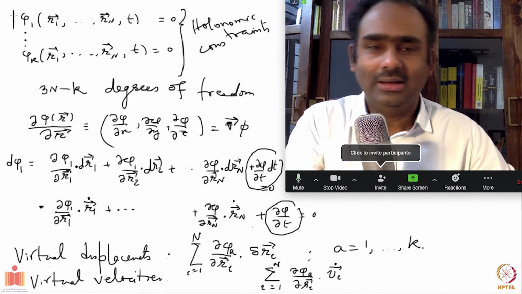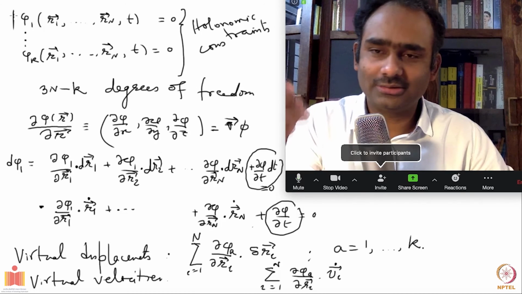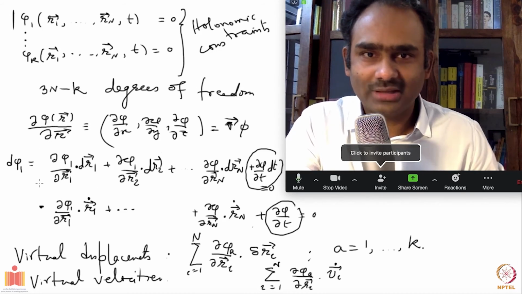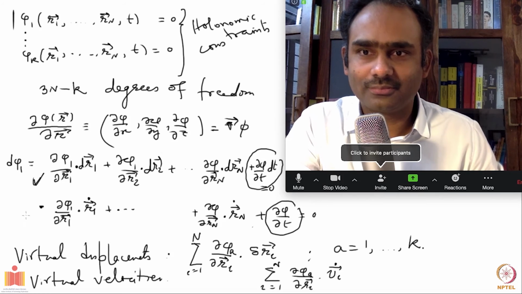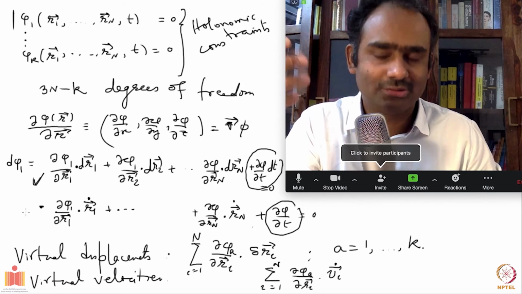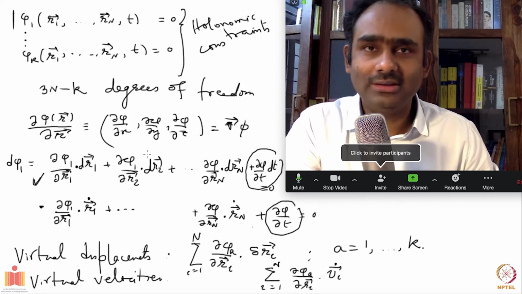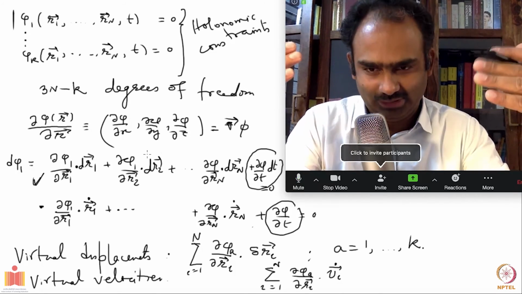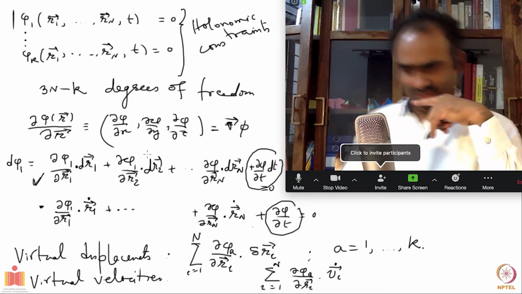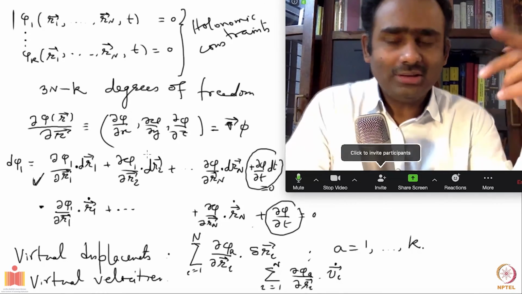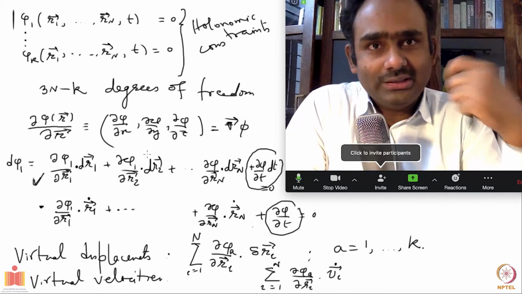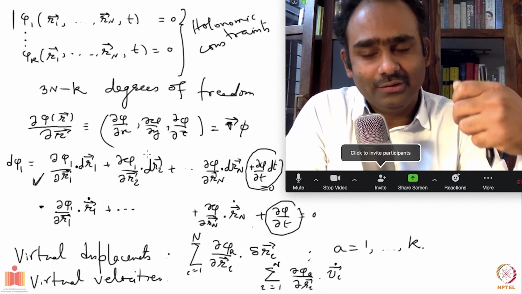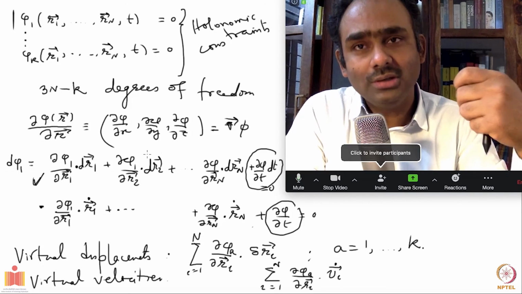Let's say you are given constraints in the differential form. So you are given k equations involving the differentials. Now, if you are given a set of constraints in the form of differentials, it is not necessary that you will be able to integrate them and write them as functions. So there may not exist integrating factors which will allow you to turn them into functions.